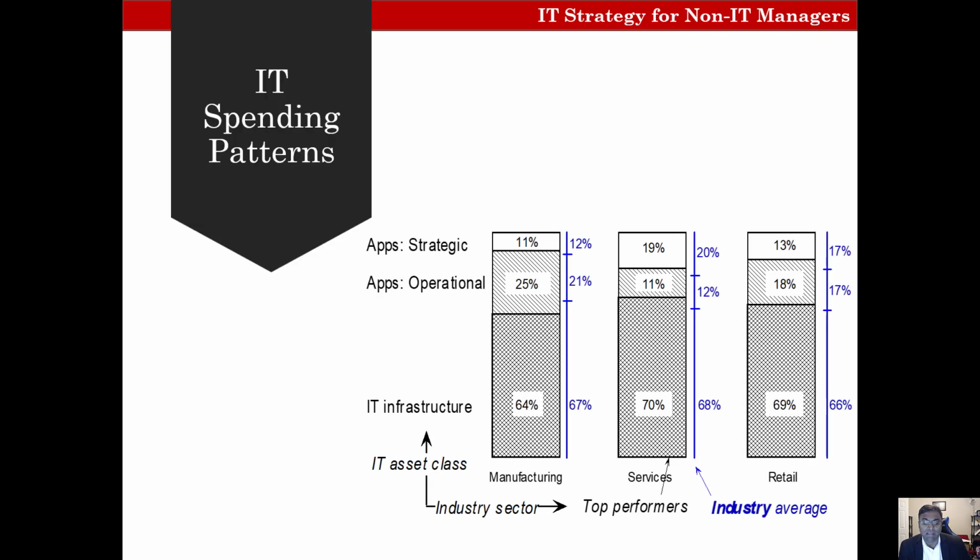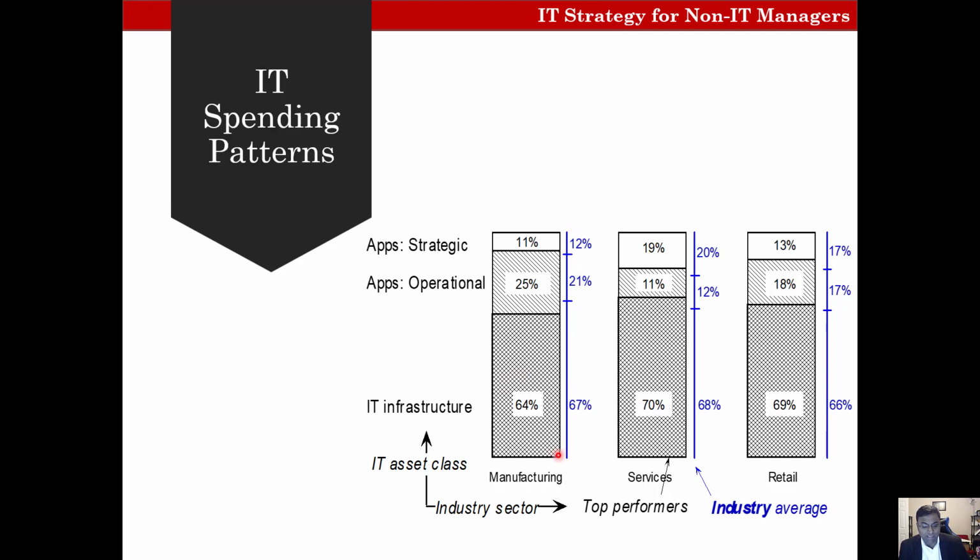So let's look at some IT spending patterns. We have IT infrastructure, which is the asset class, operational and strategic, and we have the industry sectors of manufacturing, service, and retail. This big block is your top performers, how they spend, and the thin one in blue is your industry average.